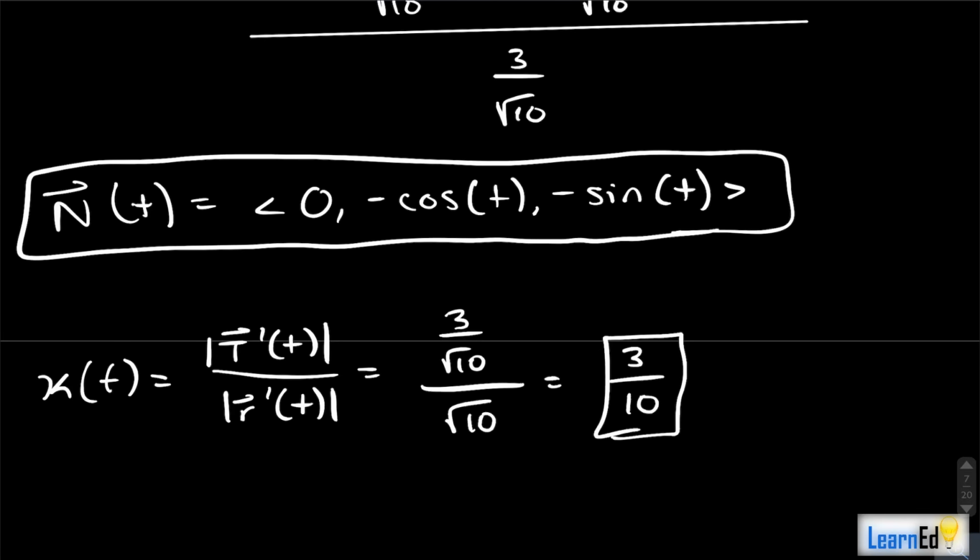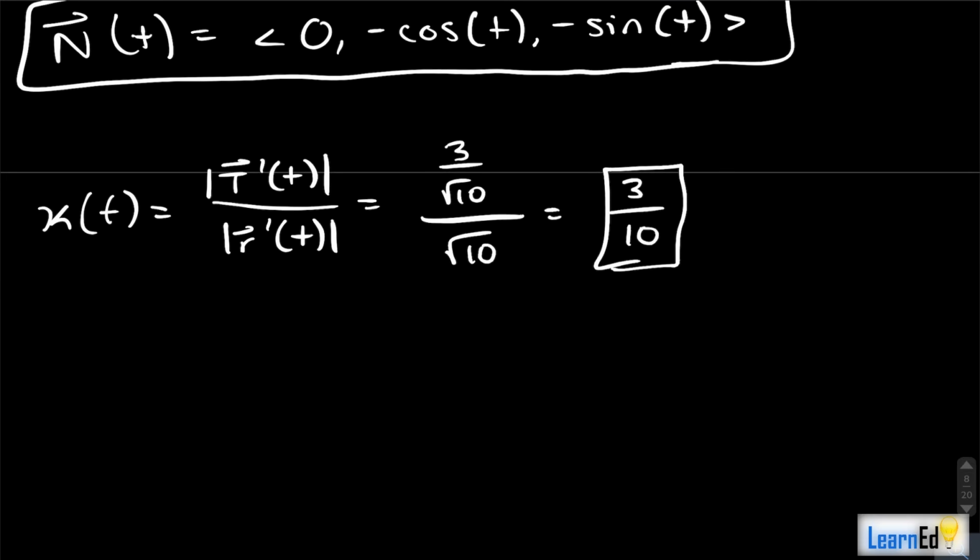That is the curvature, and that's the curvature everywhere, not just at t equals 2, because it wasn't dependent on t. The only things that would have contributed were the cosine t and the sine t, and those went away with that trig identity that we used. So that's why we don't have any variables in the curvature.